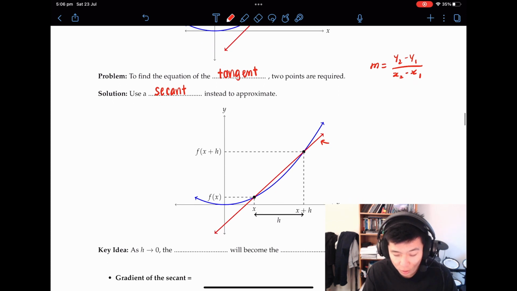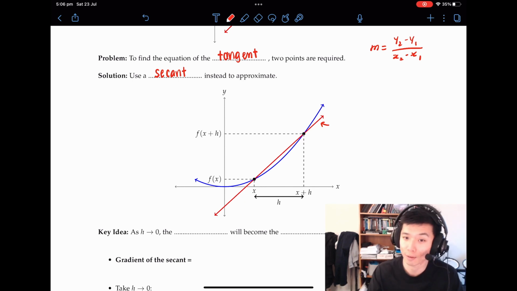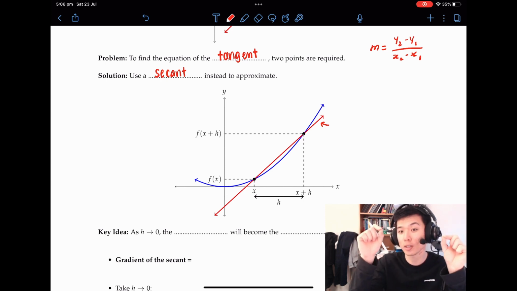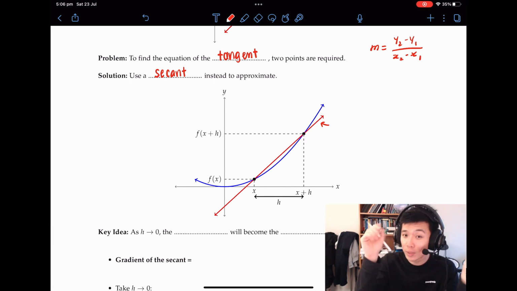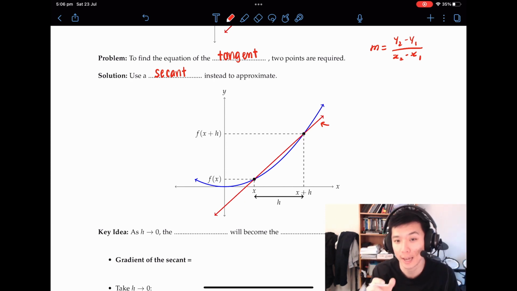Now, hopefully you remember this diagram, and you remember what we did with it. What we did was we took that secant and we used it to approximate or to estimate the gradient of our tangent. Now, this estimation or approximation gets better and better when those 2 points get closer and closer together. How do we get those 2 points to get closer? Well, we decrease h, right?